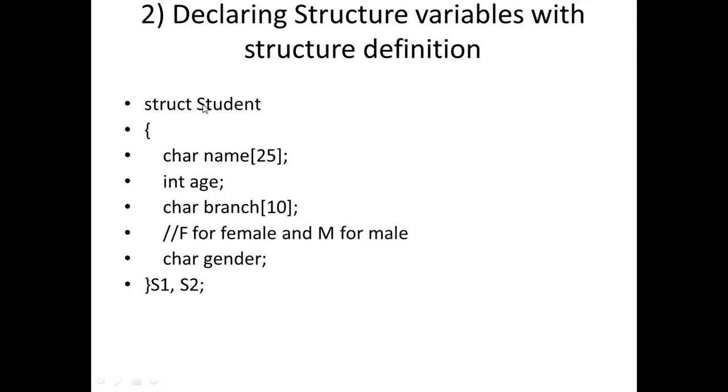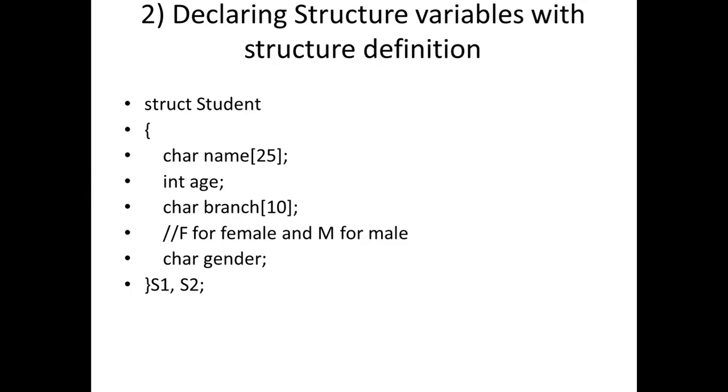Now here, struct student. Here student is optional, so we can declare a struct without the student. We give the member names, name, age, gender, and we can declare the variables s1, s2. But later if we want to create another variable, we can't.